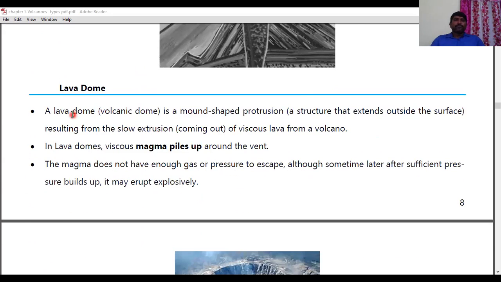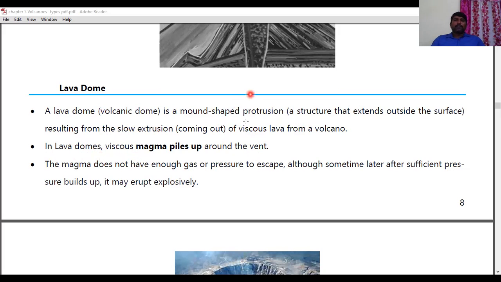Then the lava dome. A lava dome or the volcanic dome is a mound-shaped protrusion, that is, a structure that extends outside the surface, resulting from the slow extrusion or the eruption of viscous lava from a volcanic vent. In lava domes, viscous lava or the viscous magma piles up around the volcanic vent.